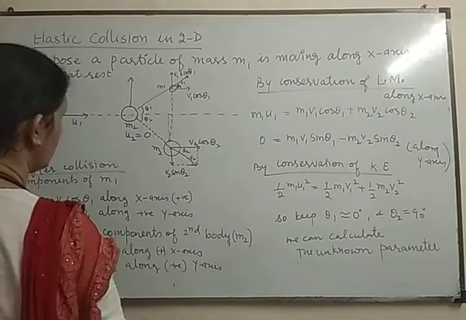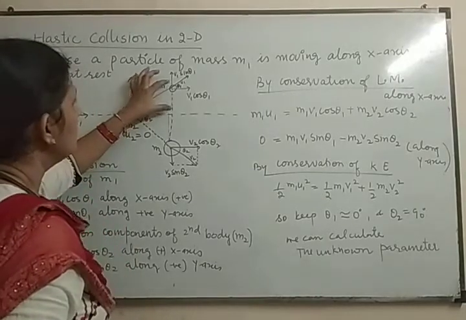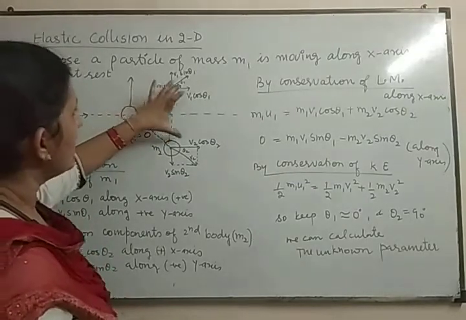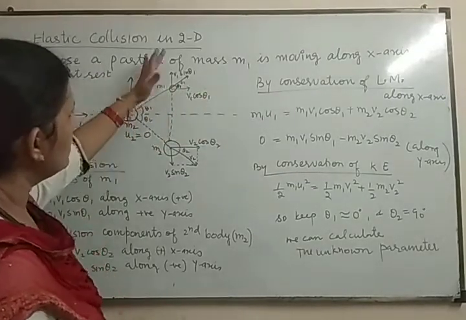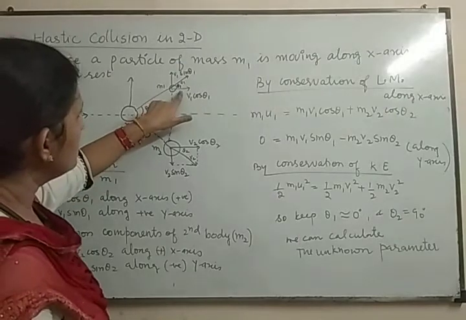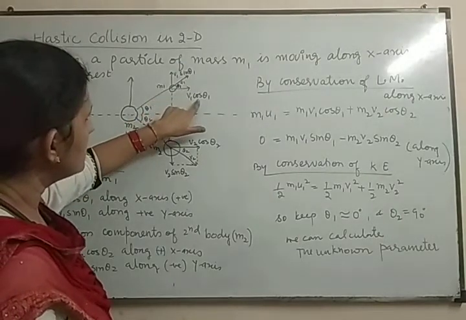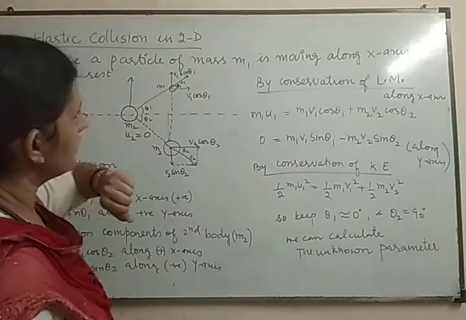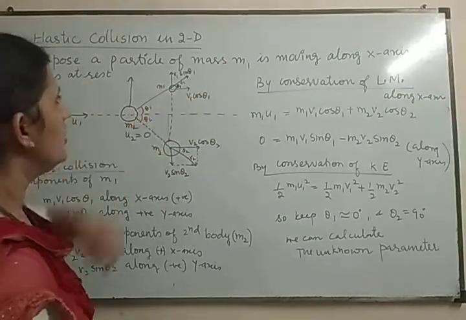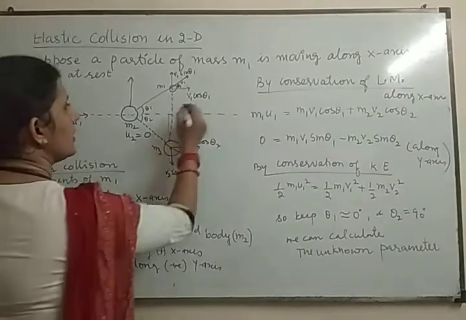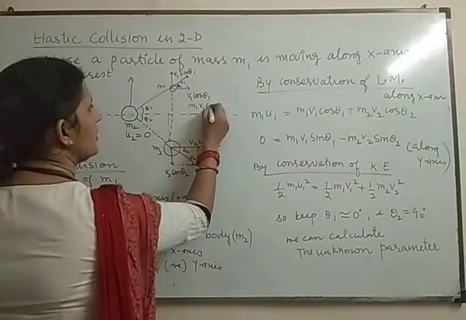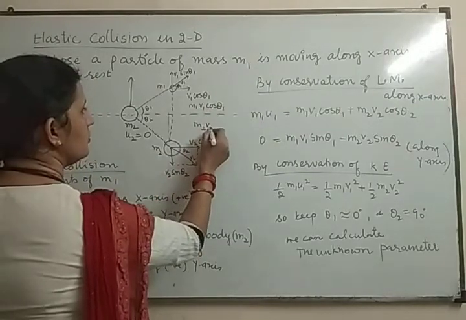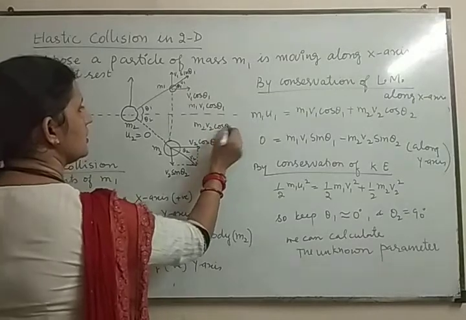Now you can calculate the total momentum of these two bodies along the x-axis and along the y-axis. It is visible that v1 cos theta 1 and v2 cos theta 2 are both along the positive x-axis, so the momentum along the x-axis is m1 v1 cos theta 1 plus m2 v2 cos theta 2.